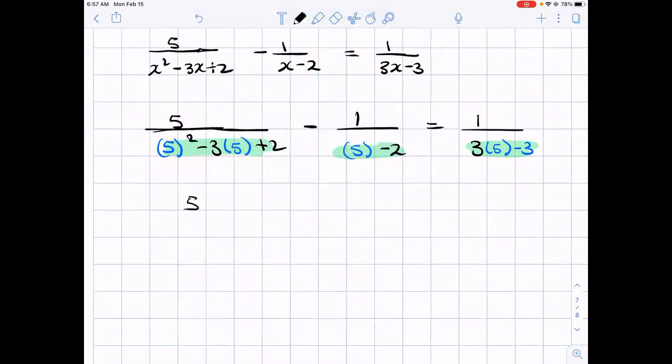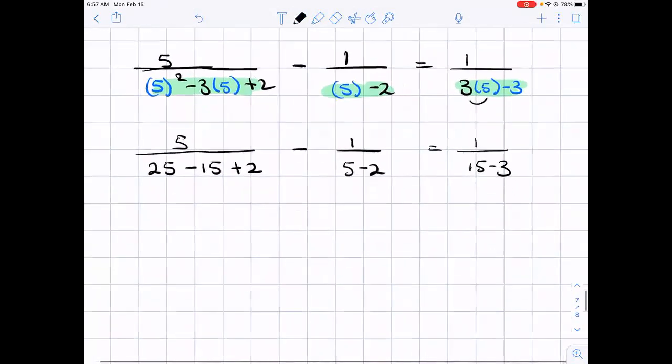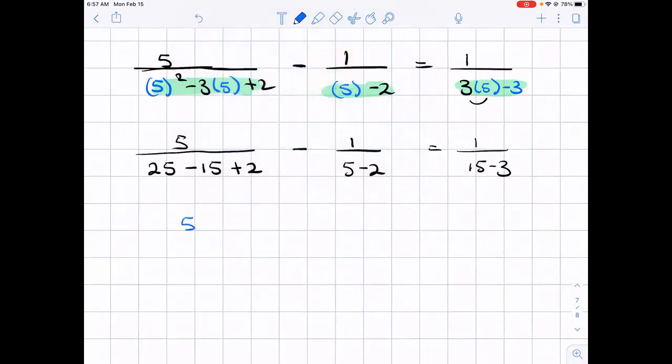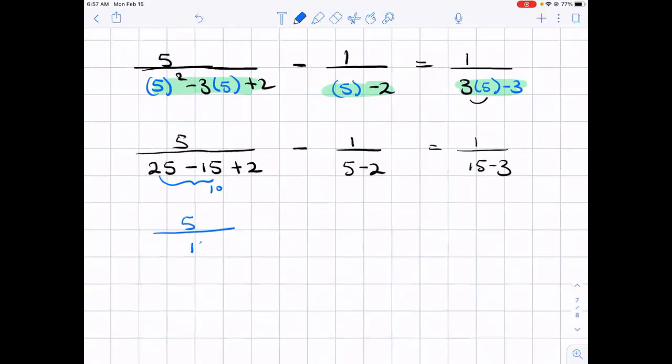So we have 5 over 25 minus 15 plus 2, 1 over 5 minus 2, and 1 over 3 times 5, which is 15 minus 3. You can already see that none of these denominators will become 0. So 5 over 25 minus 15 is 10, 10 plus 2 is 12.